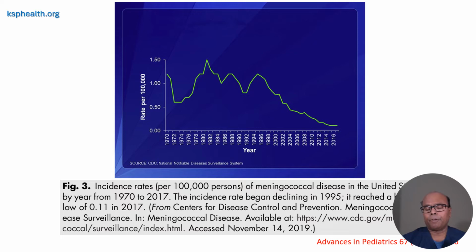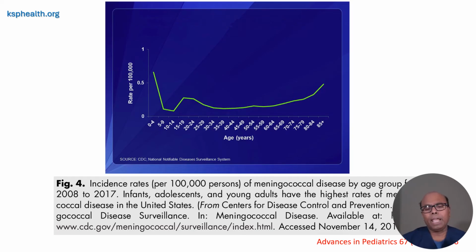The incidence rates of meningococcal disease have decreased since 1995, most likely because of meningococcal vaccination. If you look at age-related incidence, during the first 10 years the incidence is higher. Then there is increased incidence during adolescence and early adulthood.